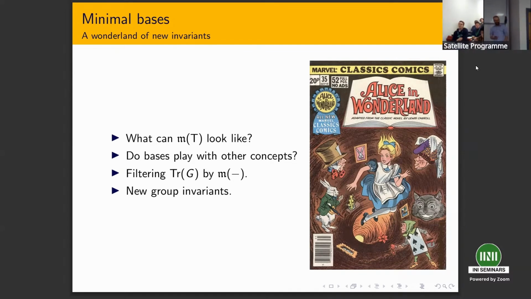Like, can I just say, here are two transfer systems, here are their basis elements. Is it a compatible pair? Do I have to really do all the hard work, or can the basis elements do the heavy lifting for us? I've already mentioned filtering transfer systems on G by the size of the minimal basis. And what I am going to talk about today, because I know it's on the slides, is the fact that these seem to give new group invariants, which are actually genuinely interesting.